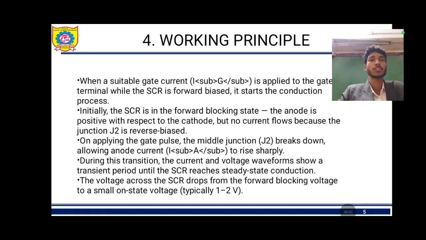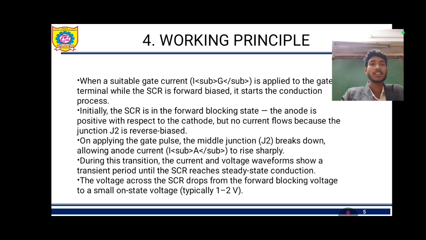So I'm going to explain the working principle of turn on and turn off of the SCR. When a suitable gate current is applied to the gate terminal while the SCR is forward biased, it starts the conduction process. Initially, the SCR is in the forward blocking state. The anode is positive with respect to the cathode, but no current flows because the junction J2 is reverse biased in the forward blocking state.